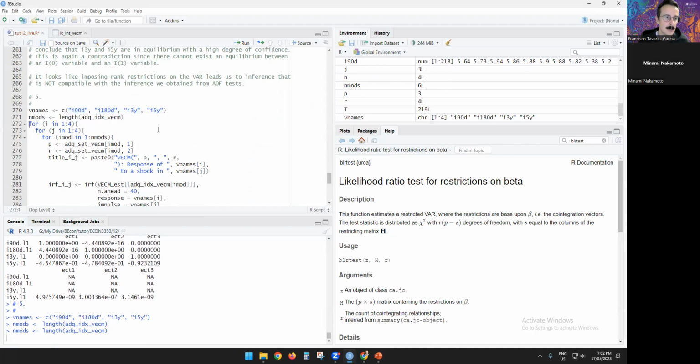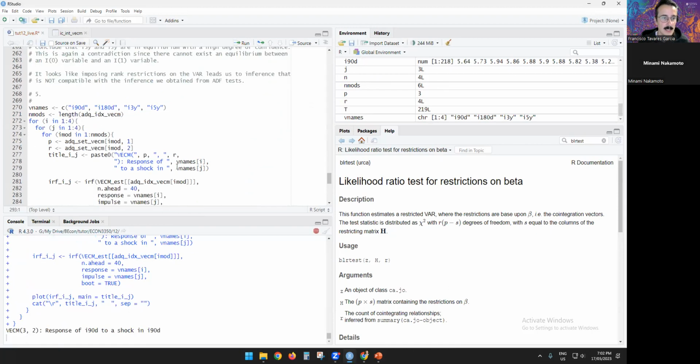It's pretty much the same thing that we had last week. So i will be the responses. So we're running this I90 response to a shock in each of them. And j will be the shock or the impulse.